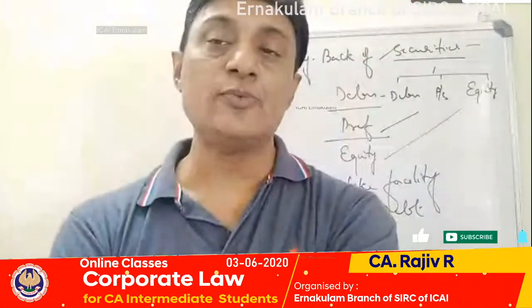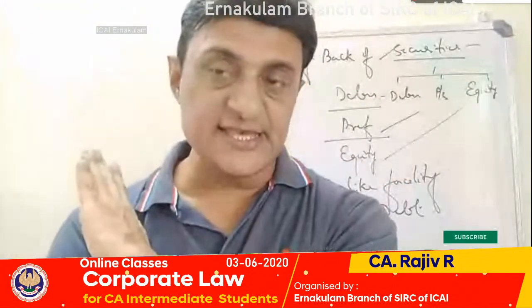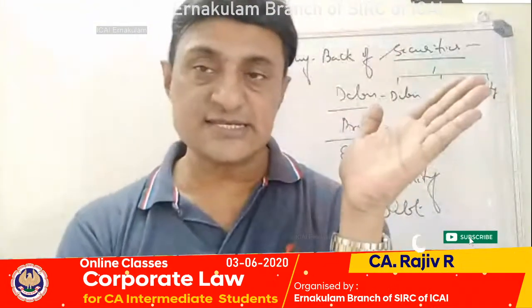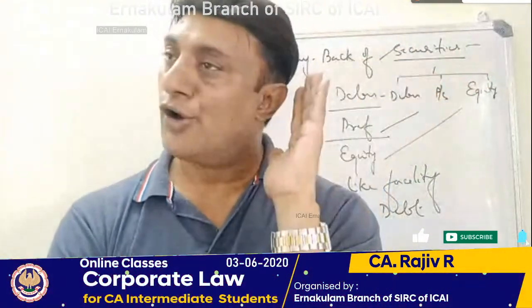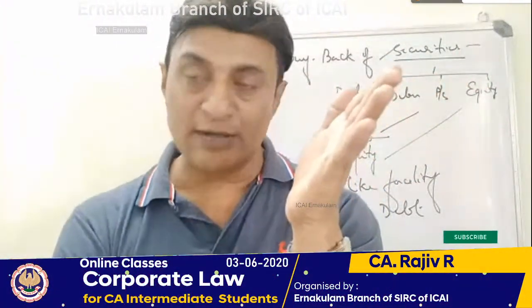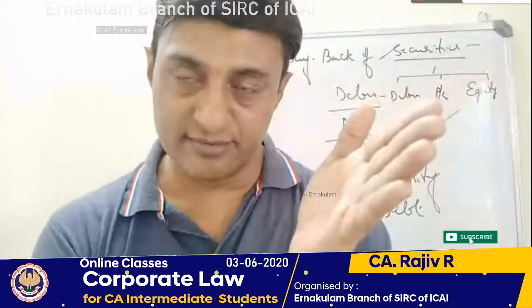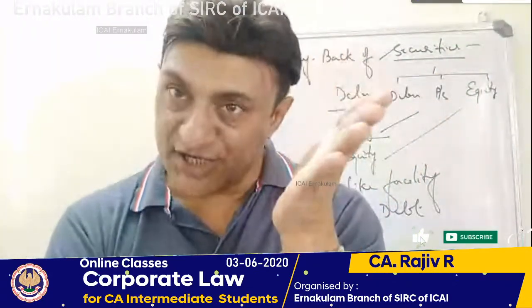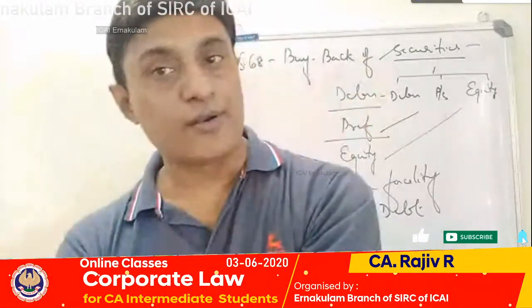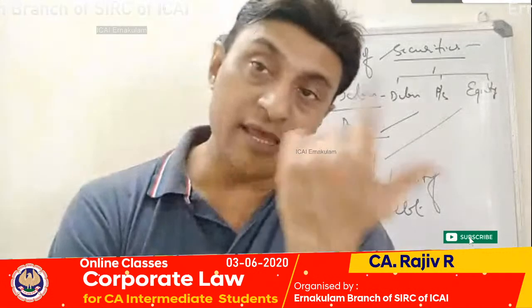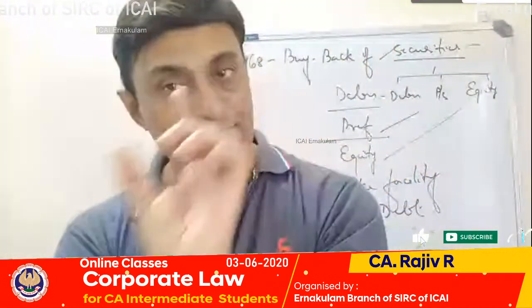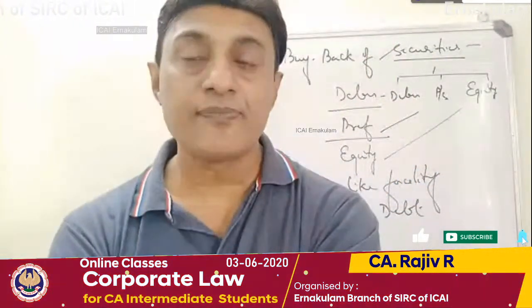But before you start with 7, let me just revise the others. Articles, special resolution, fully paid up. I don't have to change even a word there. Fresh issue or existing free reserves. Premium on a buyback out of existing free reserves.